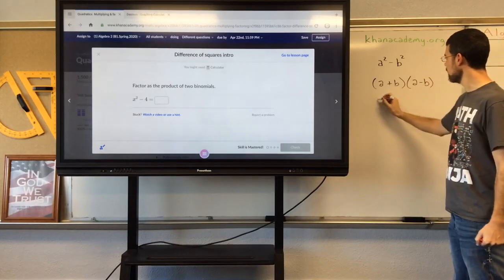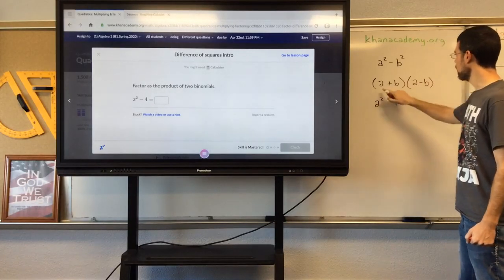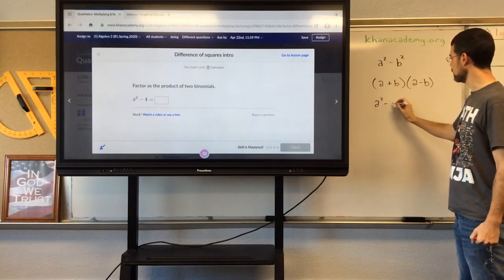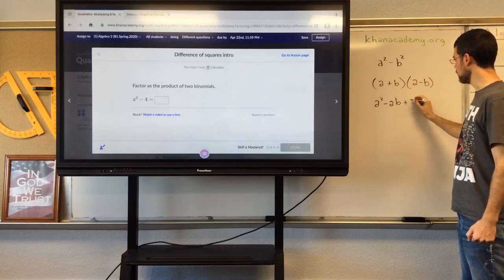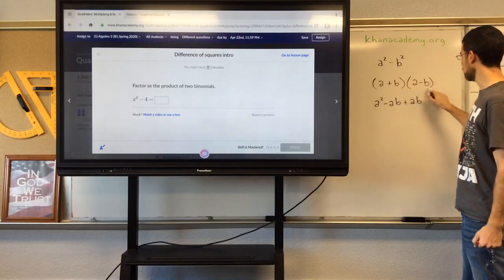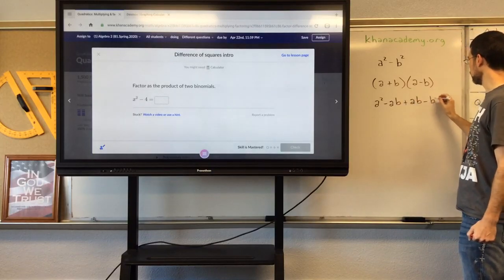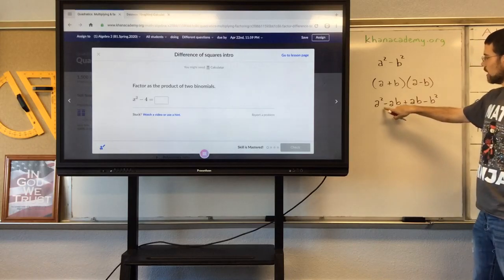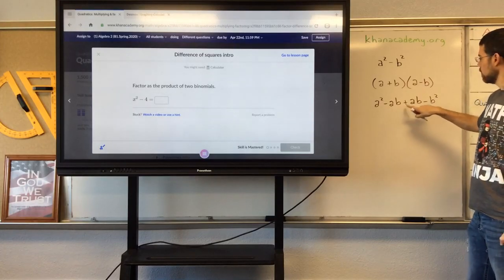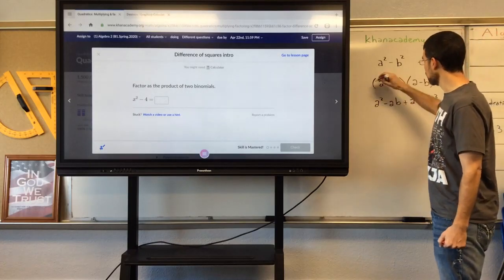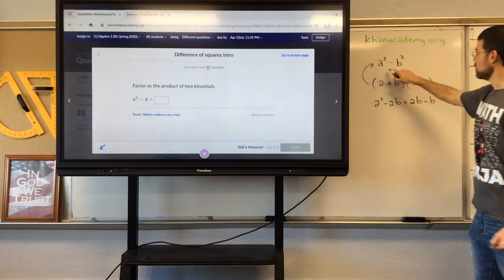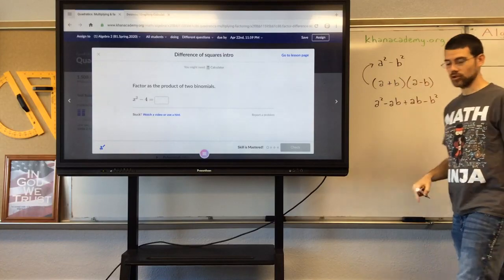A times a is a squared, a times negative b is negative ab, b times a is ab, and b times negative b is negative b squared. You'll notice that negative ab plus ab cancels out, leaving us with a squared minus b squared. Those are the only terms left.